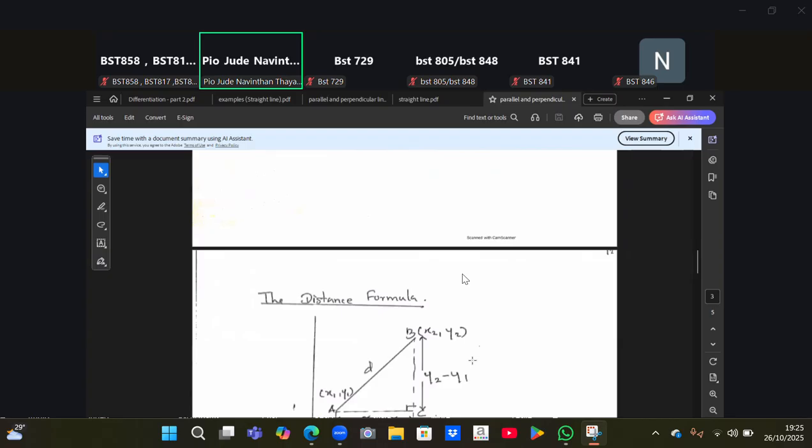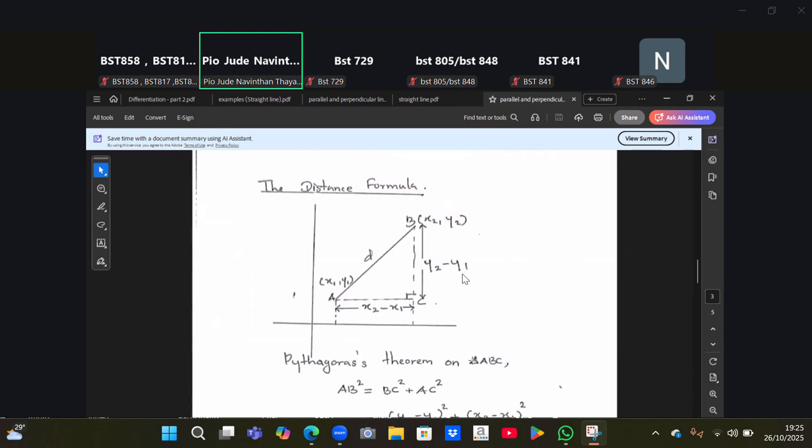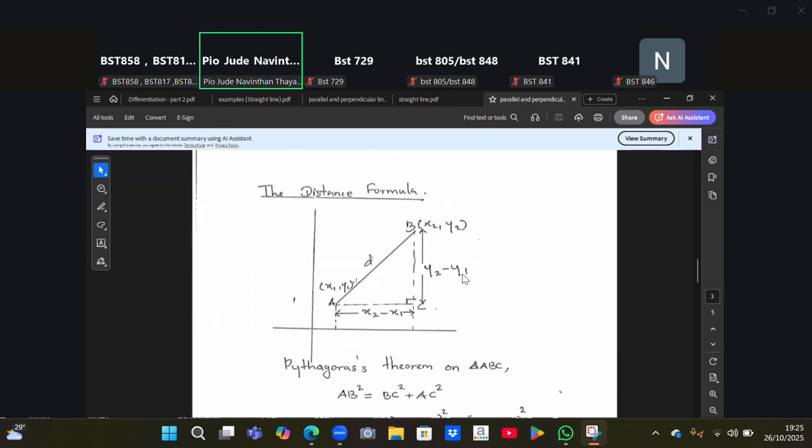Distance formula: if we have the piece AB, how do you find the distance AB? A and B are given as x1, y1, x2, y2. The y difference is for BC and the x difference is for AC.